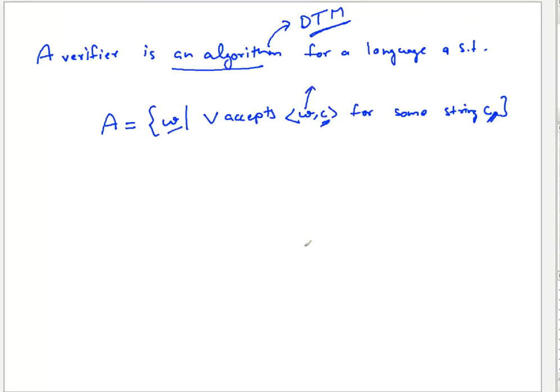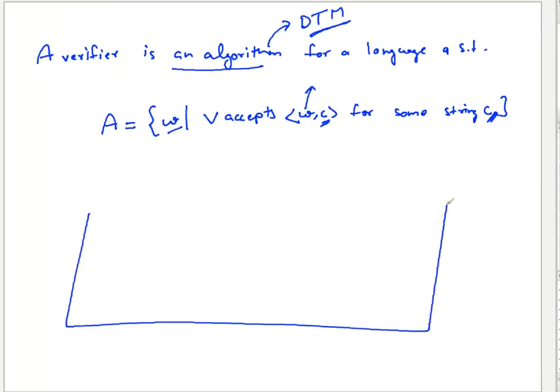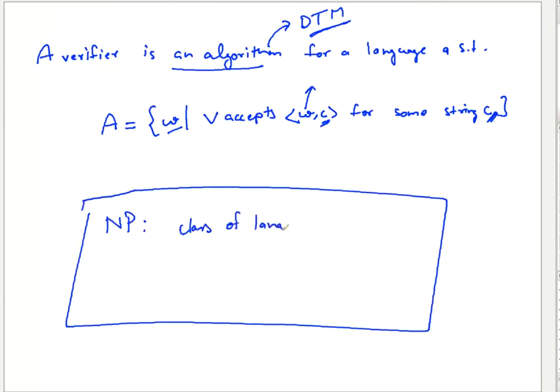So one way to define the class NP is in the following way. It says that NP is the class of languages that have polynomial time verifiers.